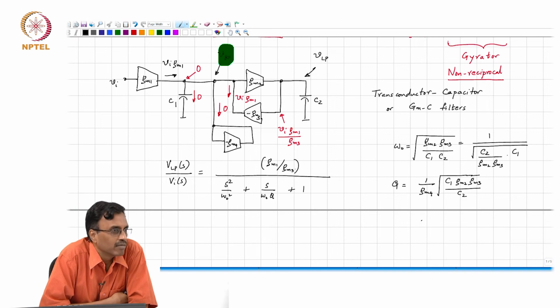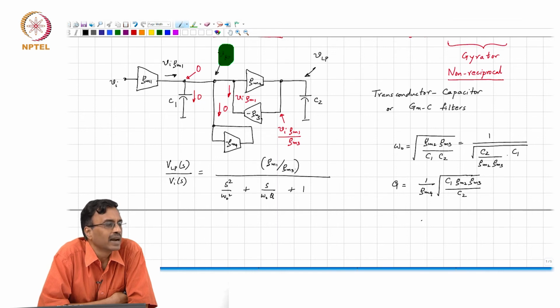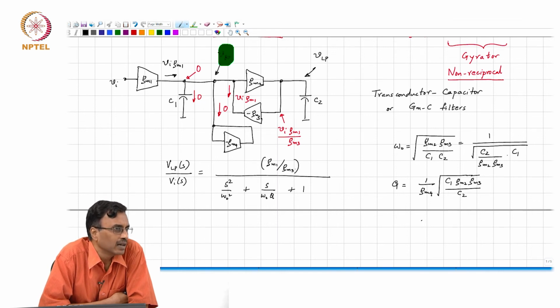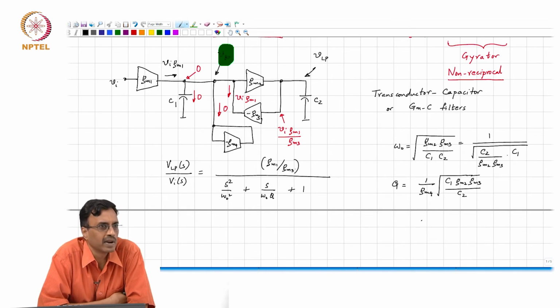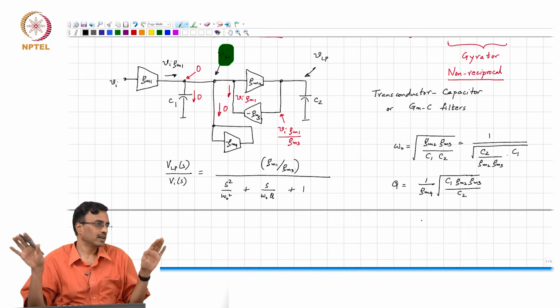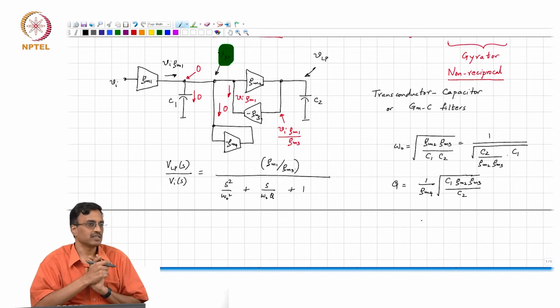Where was the output of the active RC biquad? At the op amp output, right? And the output impedance is therefore 0. So it didn't matter that the input impedance was not infinite, because the output impedance was 0, and this way we could cascade biquadratic sections without loading affecting the transfer function, right?